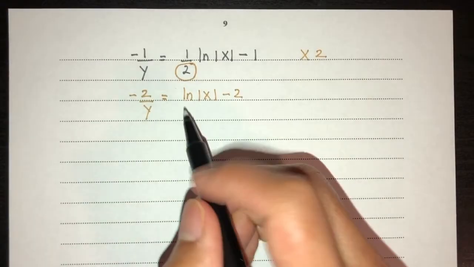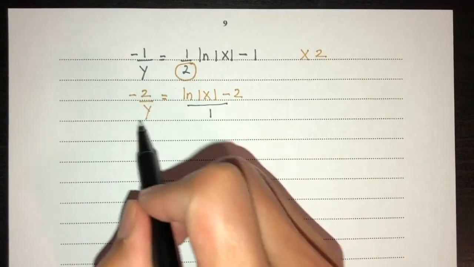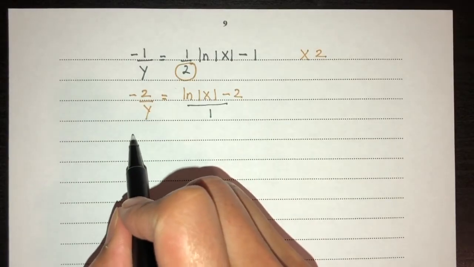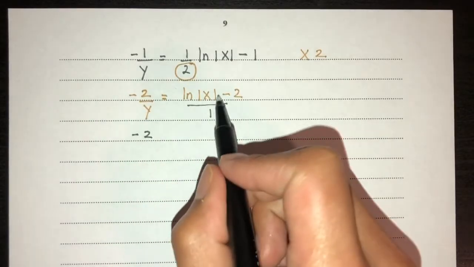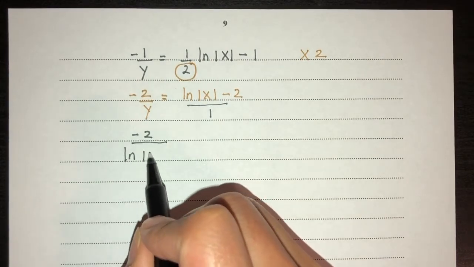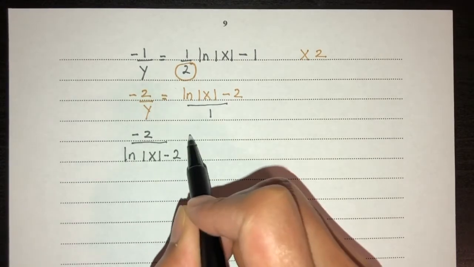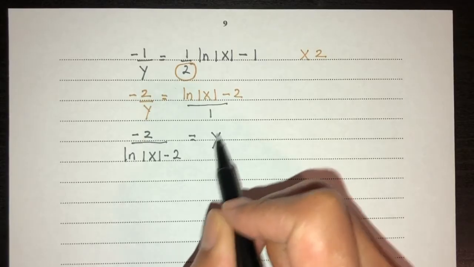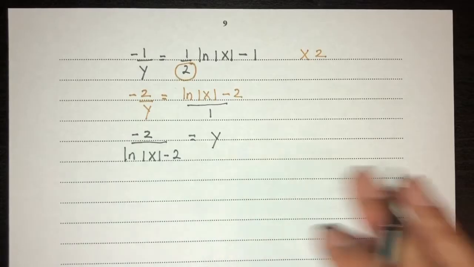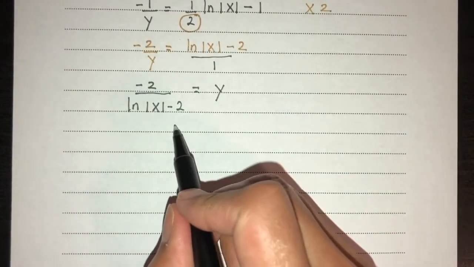So now we have to cross multiply. This multiply this, this multiply by this. So you have minus 2. We can bring this one down if you want to. That will be ln x minus 2 is equal to y, because we have to make y become the subject of formula, because we wanted to express y in terms of x. So let's write this down properly now.